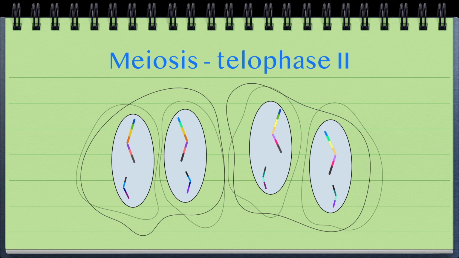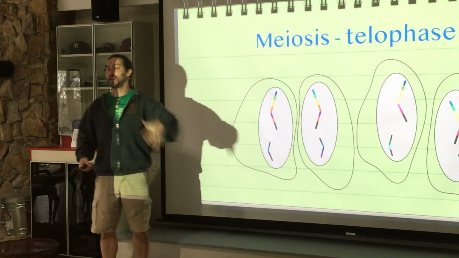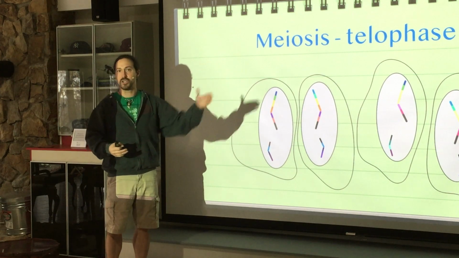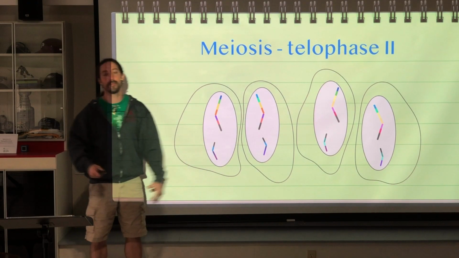New nuclei form, separate out, and now we have 4 completely unique cells that are all haploid, each cell containing only one set of genetic information, and each cell containing a unique set of genetic information. No 2 cells are exactly alike.